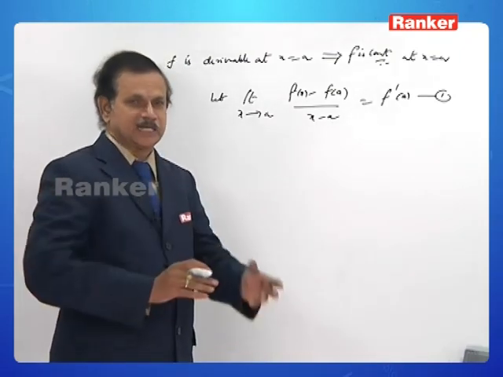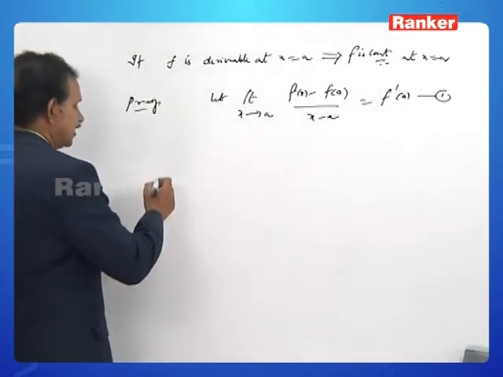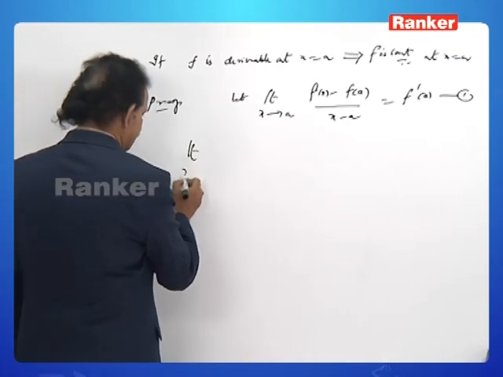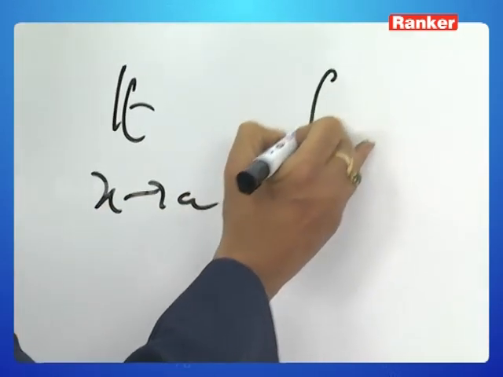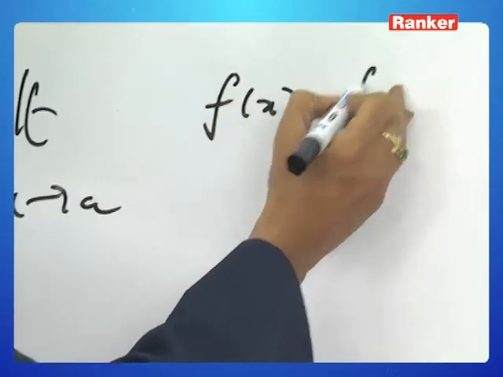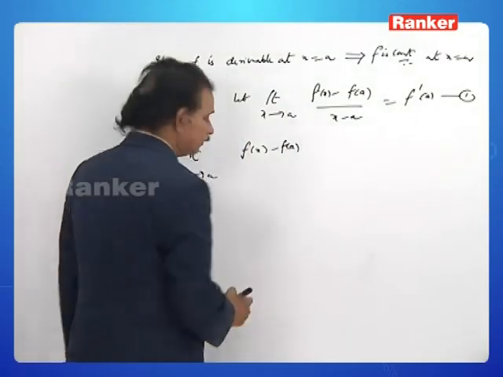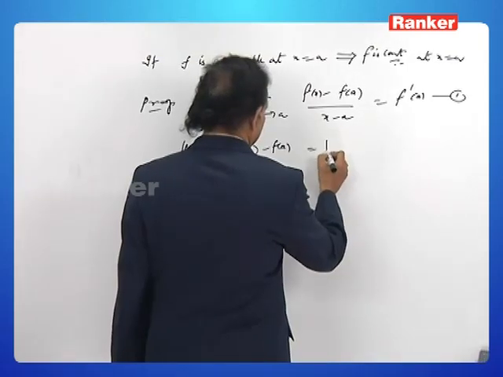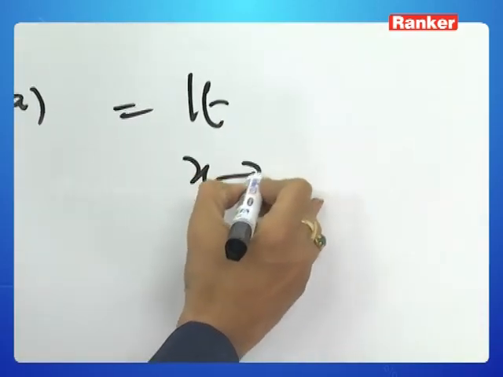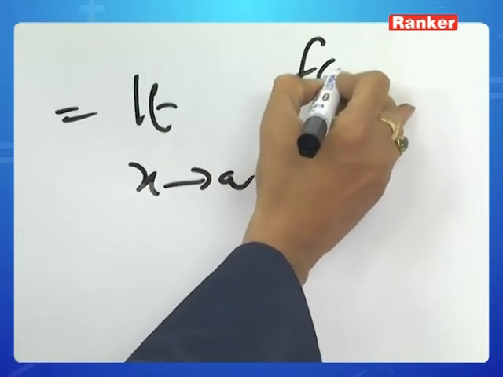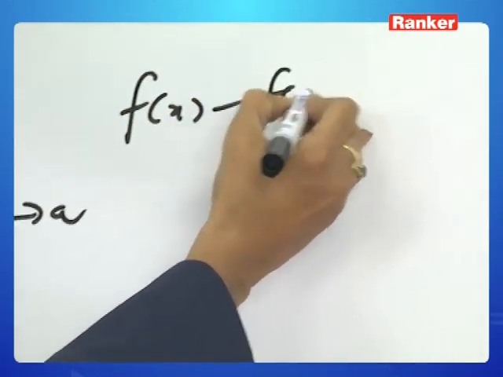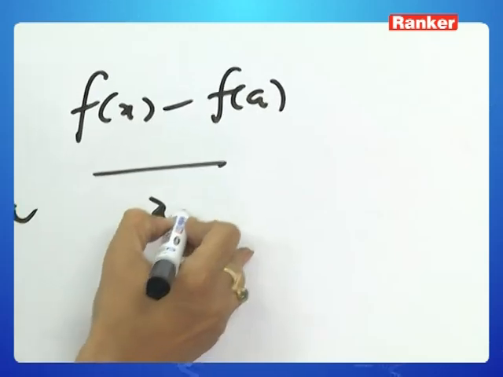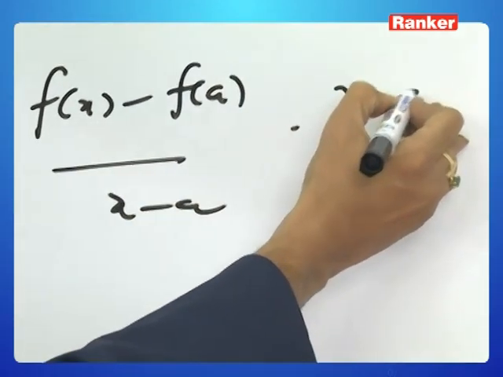Combining all these three conditions, I am considering the limit as x tends to a of f(x) minus f(a). Let us see what happens. It is equal to the limit as x tends to a of (f(x) minus f(a)) by (x minus a) into (x minus a).